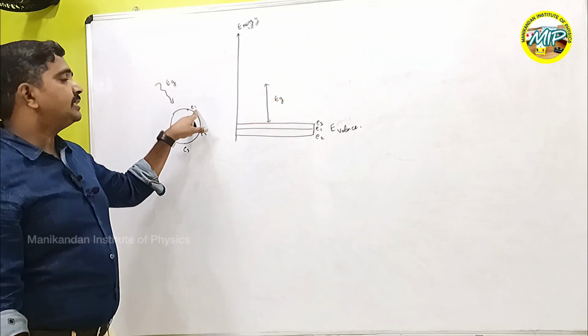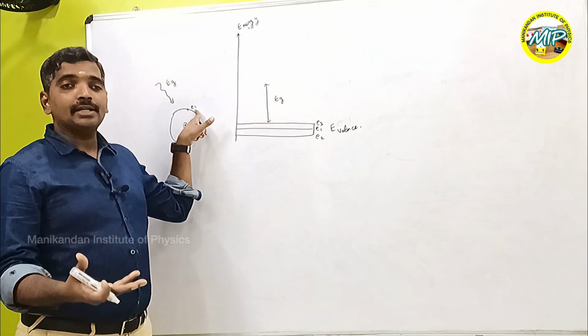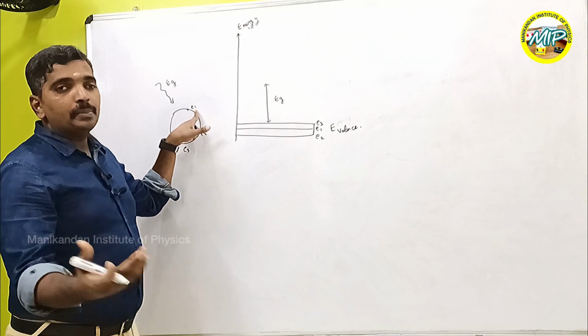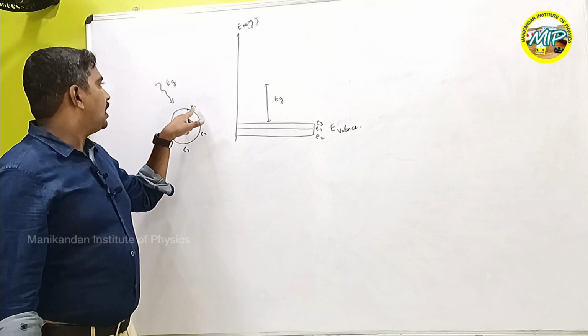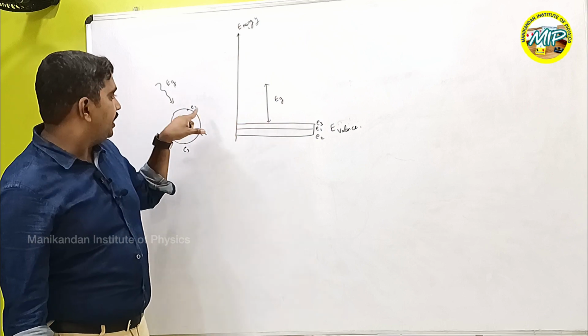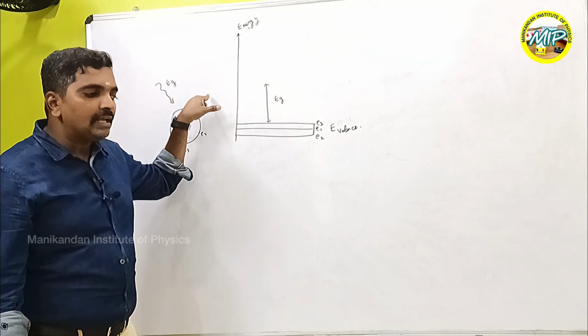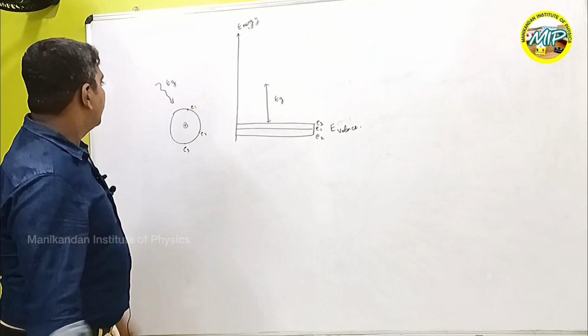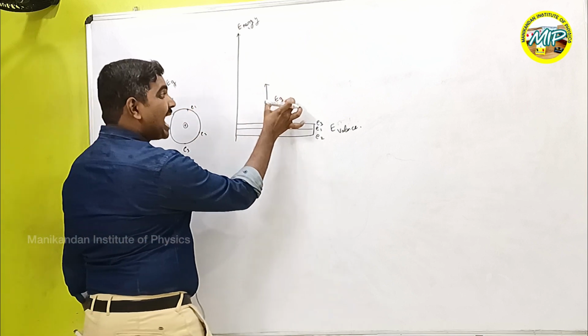For example, this electron may need 2 electron volt, or 3, or 1.5, whatever the number. This amount of energy required to eject the electron from here to the conduction process is called the energy gap.